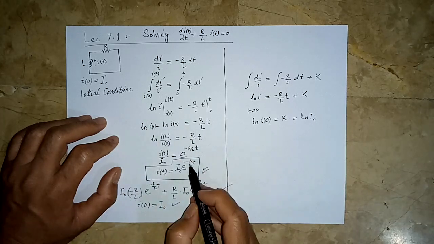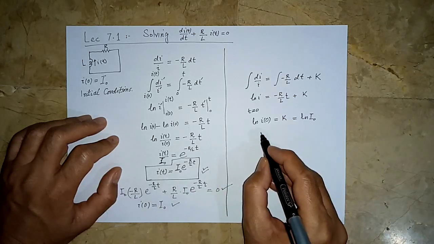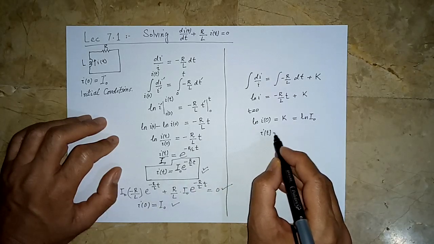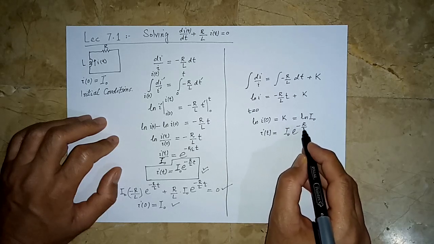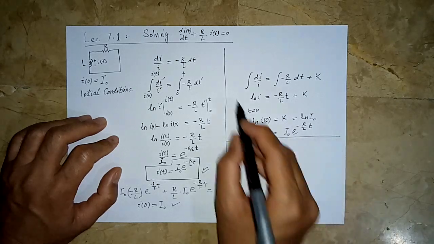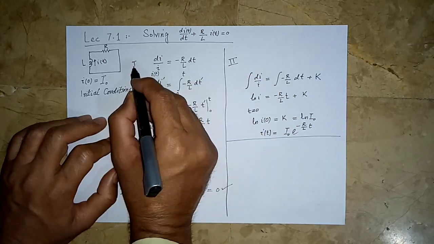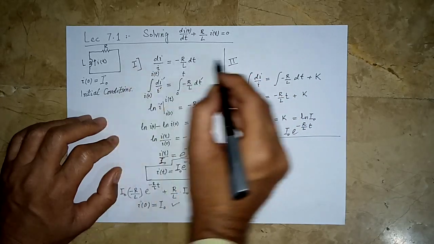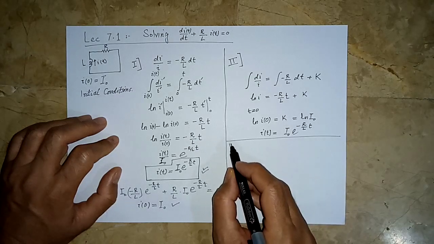So manipulating this again the same way, we are going to get the same expression. It is equal to I naught e raised to minus r over L t. This is the second method of solving the differential equation. This is the first way, and this is the second way of solving the differential equation.